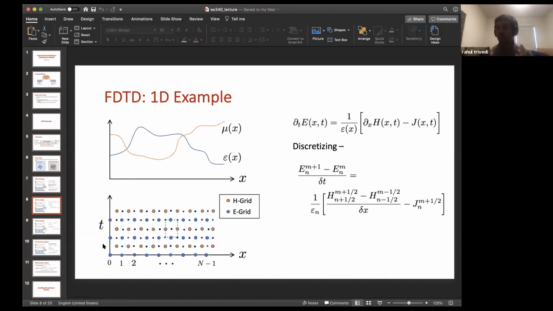So one of the advantages of FDTD is that it's a very sparse method. If you want to update the electric field at a particular point, you only need to look at the fields in its neighborhood. And that actually allows a very efficient parallelization of this method, because you can implement this on GPUs or multiple CPU cores and divide up your simulation and distribute it.